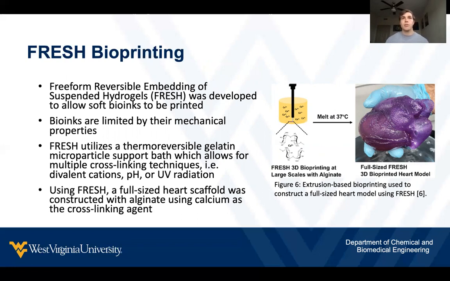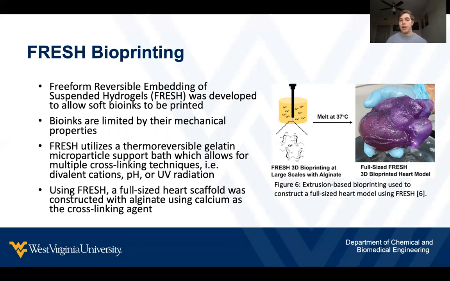Typically, if you tried printing with a soft bioink, it would just kind of fall apart due to gravity. But a micro particle gelatin support bath is used in this case. It typically uses extrusion-based bioprinting, where the nozzle deposits the bioink into the gelatin support bath, and the gelatin support bath holds the bioink until it can be polymerized and cross-linked.